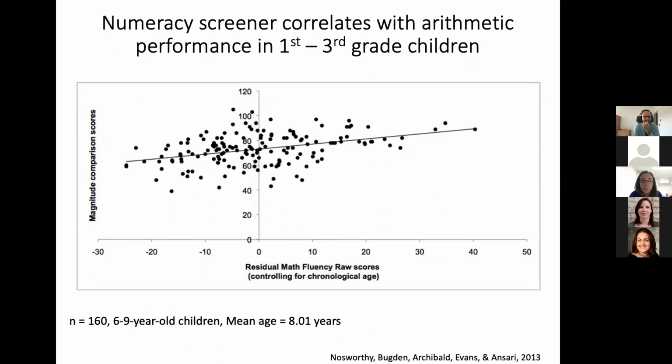And this was in elementary school children, so specifically 1st through 3rd grade children who scored higher on the math fluency subtest as well as the calculation subtest, also obtained higher scores on the symbolic and non-symbolic conditions of the Numeracy Screener.